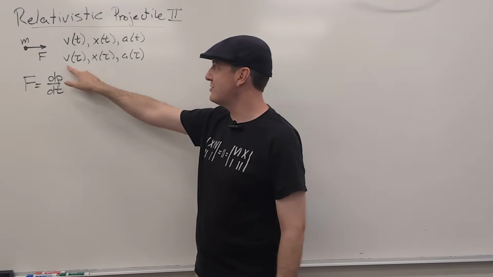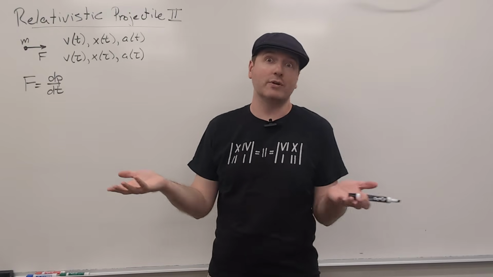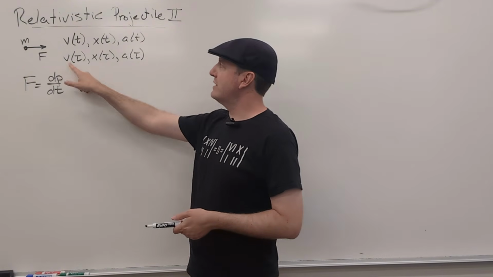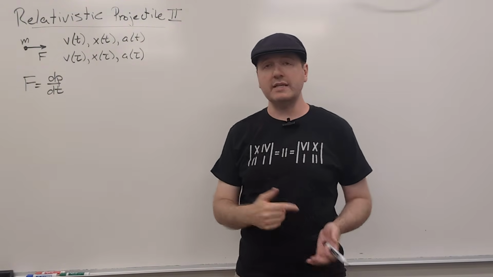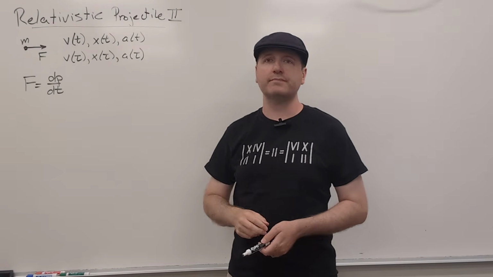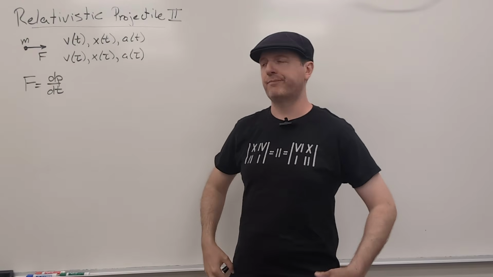Notice, I'm not saying these are being calculated in the rocket's frame. After all, the rocket in its own frame would have zero velocity. But what I am saying is I want to calculate what these are, both in terms of coordinate time t, that's my inertial clock, and also in terms of tau, this proper time on the rocket.